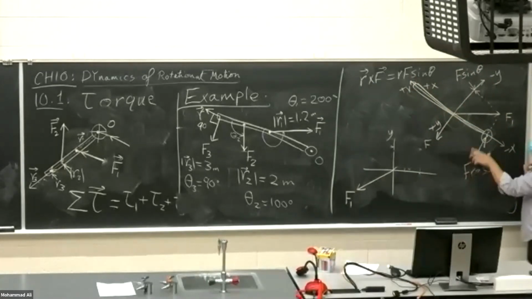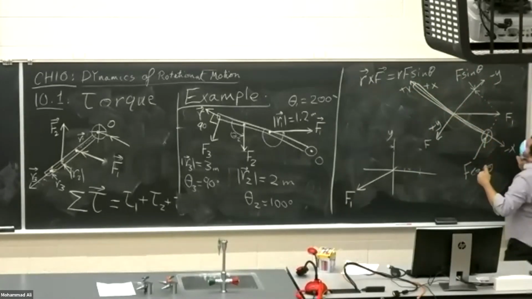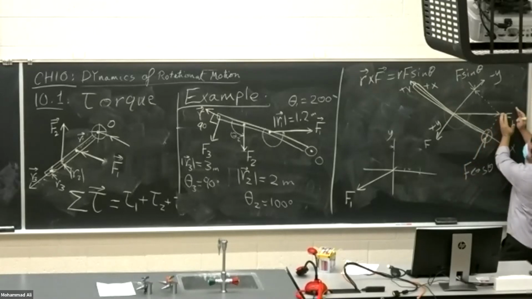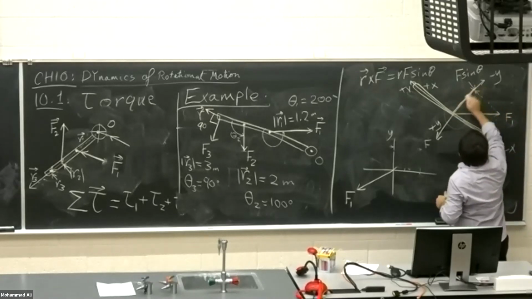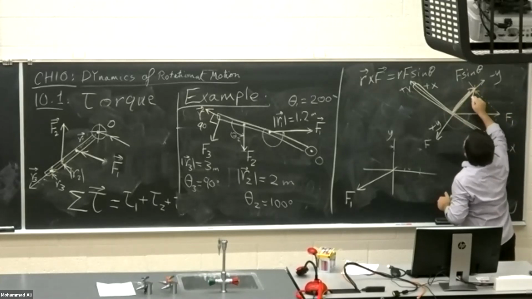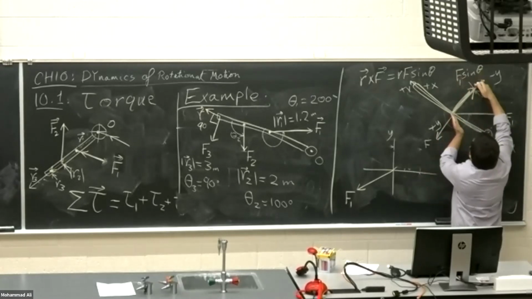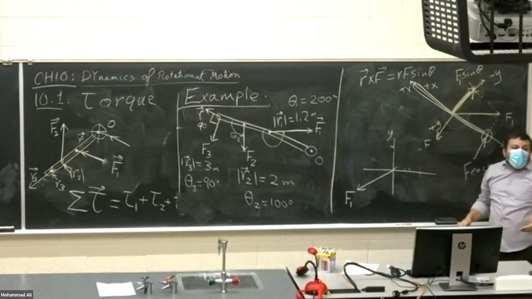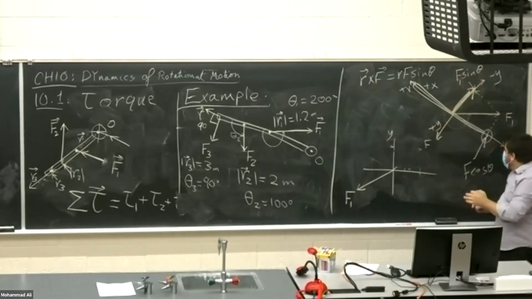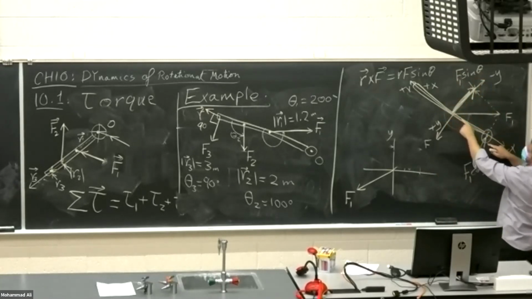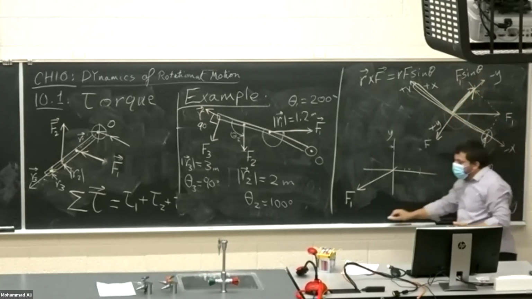You will see that. Now, my effective part of this force is just this one. Imagine that F1 is replaced by F1 sine theta. Then we will have the same effect because F1 cosine theta will not rotate the object.